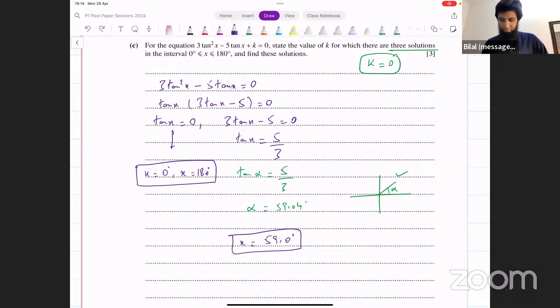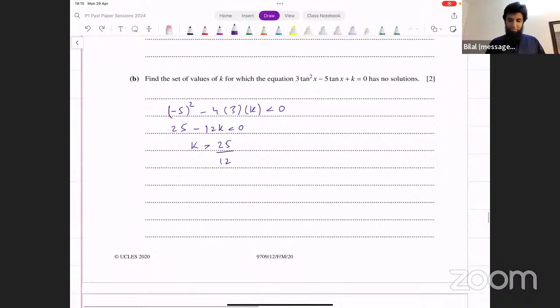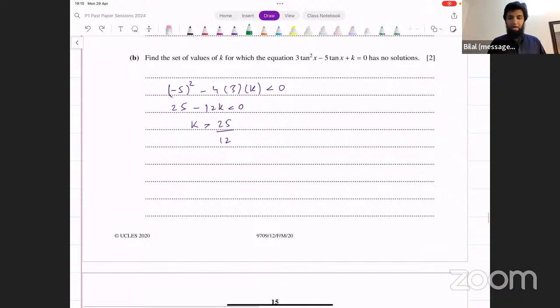Is that okay? Yes, sir. Sir, we have also found the value of k in part B. Can't we put it in the equation below? First of all, we haven't found any one particular value of k. That's one thing. And the second thing is it's not even related. It says find the set of values of k for which this equation has no solutions.